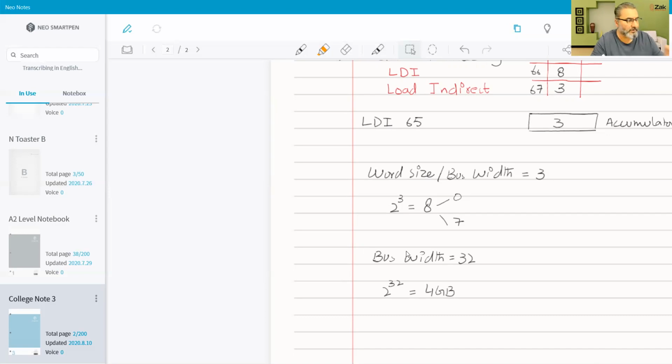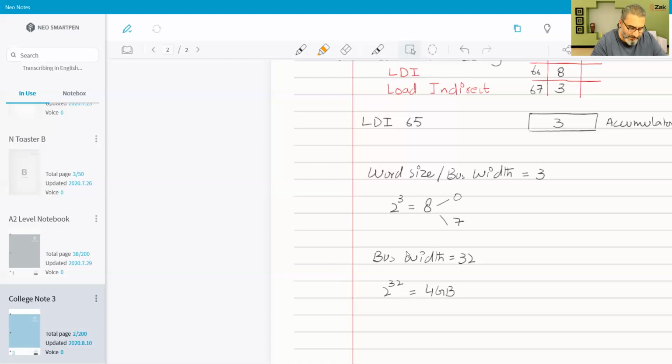All right, so from 0 to 4 GB. So what is the word size? The amount of data a computer can process, produces, consumes, the amount of memory a processor can access.